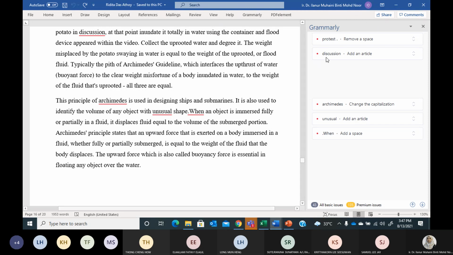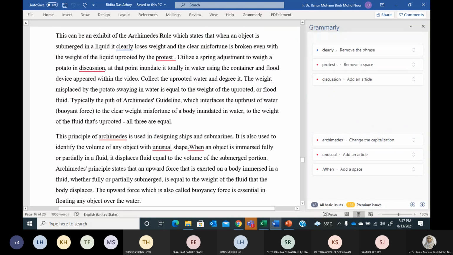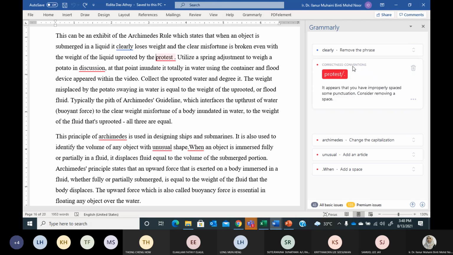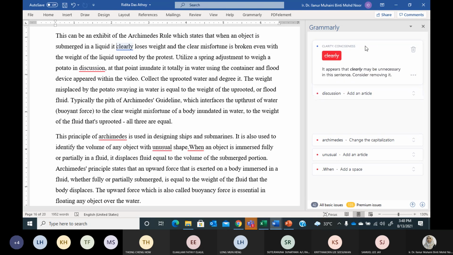Okay. So for example, discussion here, protest. Protest, move a space. Then when you click this, automatically it does it for you. Remove the phrase. Okay. So, not so good, so delete.